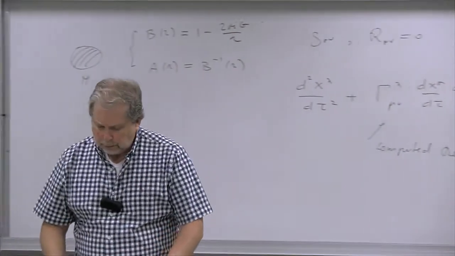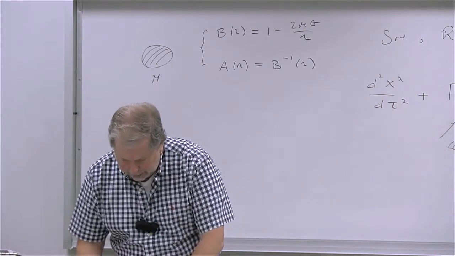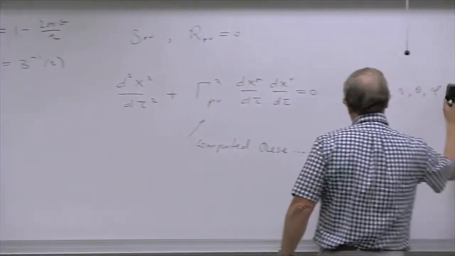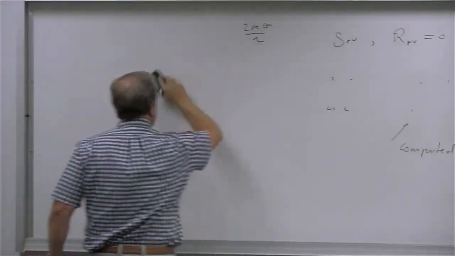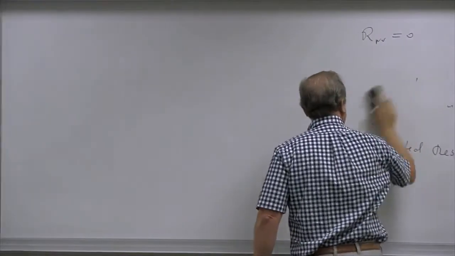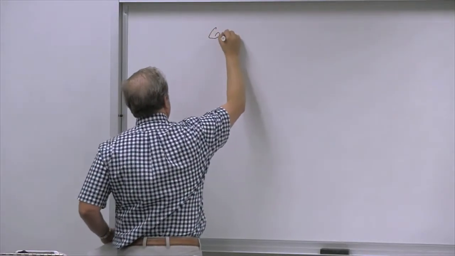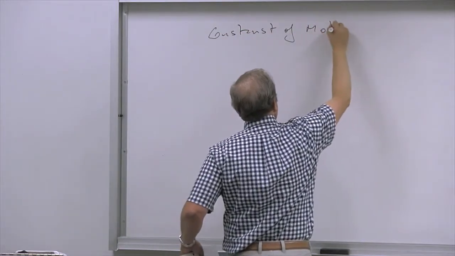So now it looks like the task might be more complicated than it is, because in fact, we can see immediately that some of these equations can be integrated, leading to a number of constants of the motion. And those, of course, have to do with the conservation of angular momentum in this case. So constants of the motion.